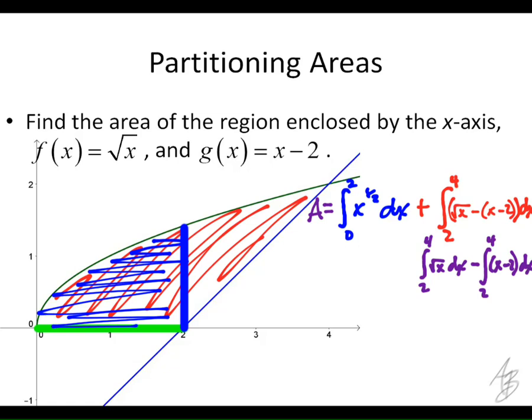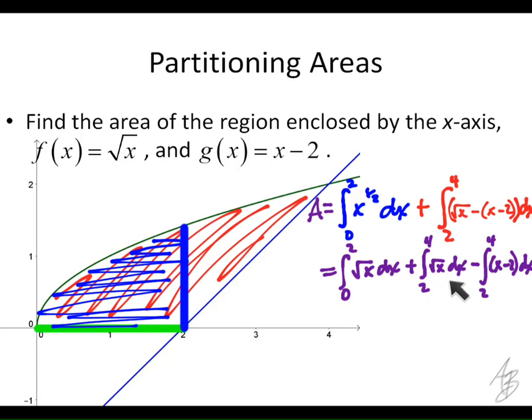Right? You guys agree with that? And then this blue area here, that's the integral from 0 to 2 of the square root of x with respect to x. And then what can we do with these two?